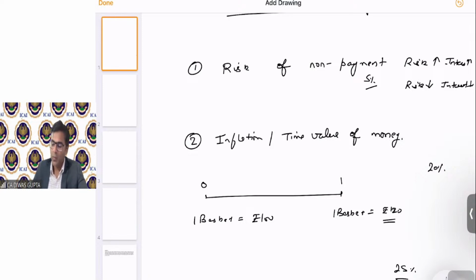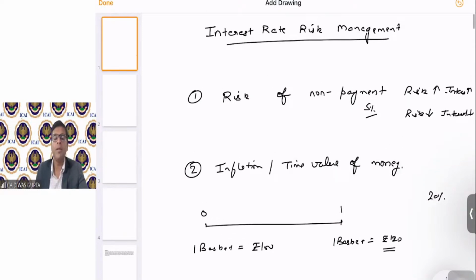This is clear. Now, the risk of non-payment is generally denoted by certain credit rating agencies, right? Because how will you quantify that risk? Or is there an objective assessment of the borrower's capability to pay it back?